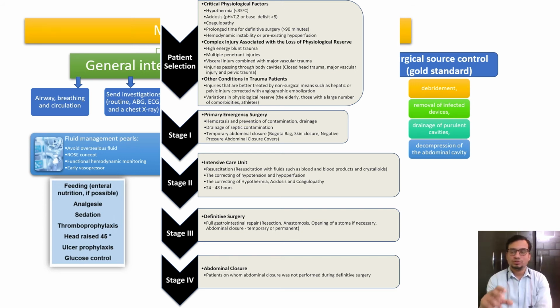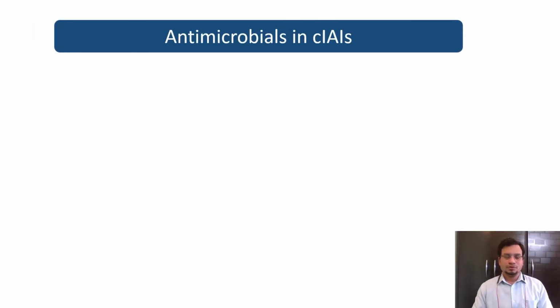You can do it slowly. So you can debride, or do source control, in a staged manner, and that is called damage control surgery.